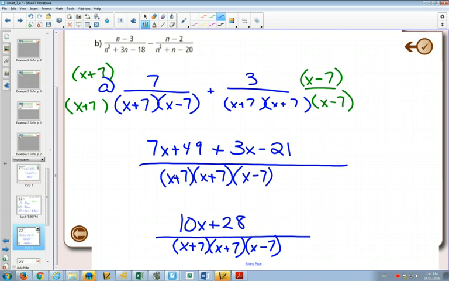Now sometimes what's going to happen is you're going to simplify things, and it could be that something simplifies away. So in order to check that, you'll want to factor the top completely when you're done. Can I factor the top at all? Yes, I can take out a 2.